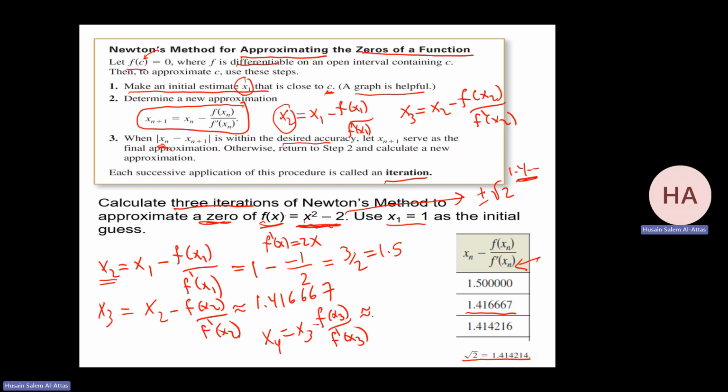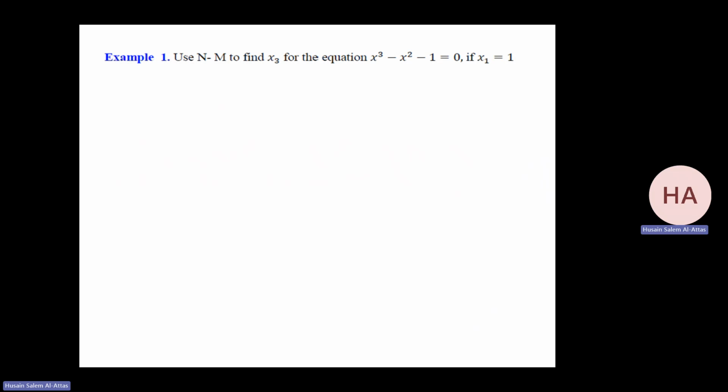And if we do the calculation, you get 1.414216. If you notice, it's almost the correct answer. So with only 3 iterations, I get the square root of 2 easily using Newton's method. This shows how powerful this method is.